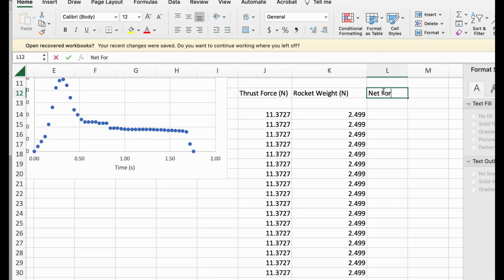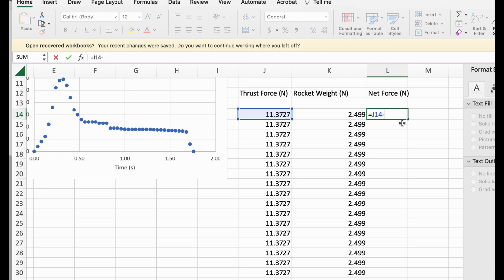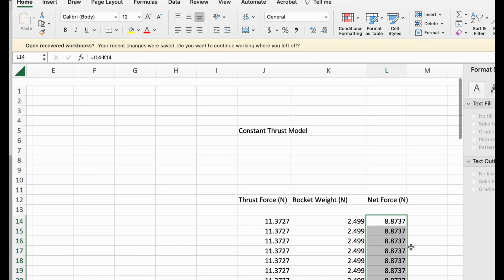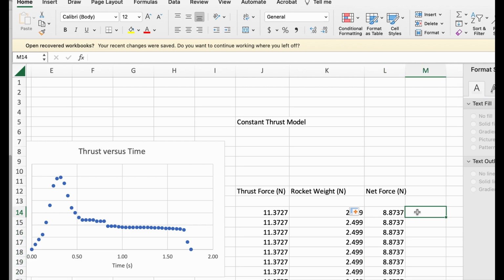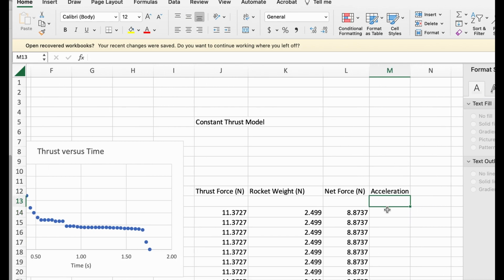We want the net force next. That's going to be a subtraction of J14 minus K14. Just like we calculated earlier. Upward force of 8.87 newtons on this rocket. Got the net force. Now that we have the net force, let's go to the acceleration next.